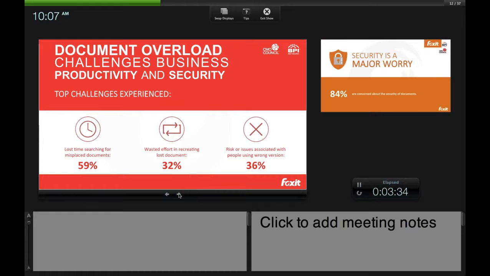So given an environment in which documents are becoming more numerous and more critical to an increasingly complex business landscape, I guess it's no surprise that we're seeing high levels of frustration and concern around documents. The number one area of frustration is something I think we can all relate to: lost time searching for documents that we've misplaced.